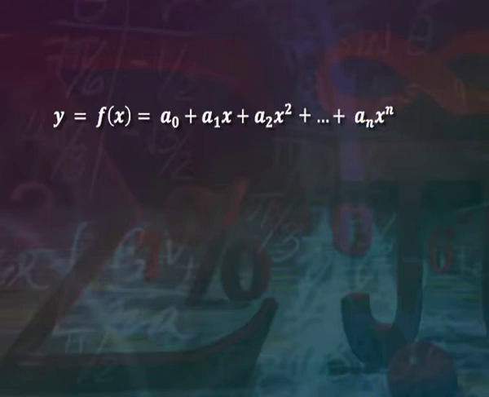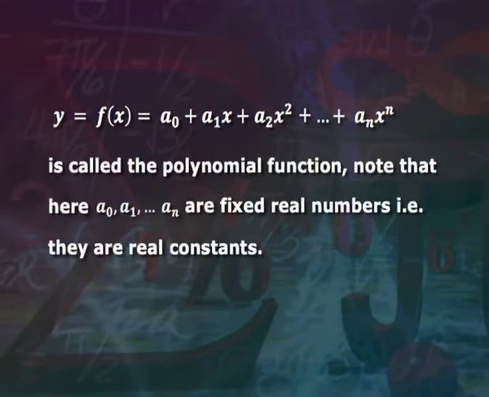Polynomial function. The function of the type y equal to f(x), which is equal to a0 plus a1 x plus a2 x square, and so on up to an x raised to n, is called a polynomial function.